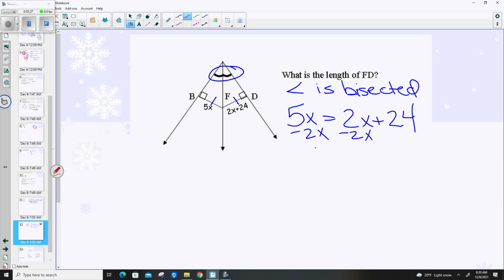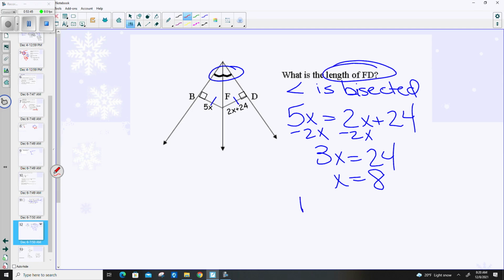So we get x is 8. Am I done? I heard a yep, and I heard a no. We got to plug it into the equation because what did the question ask for? The length of FD.